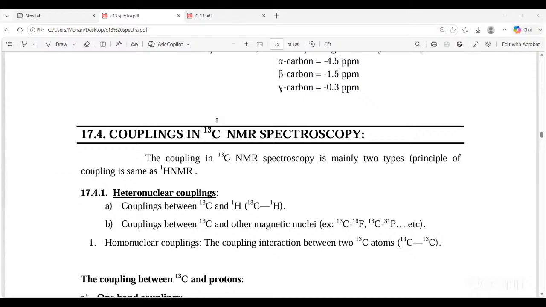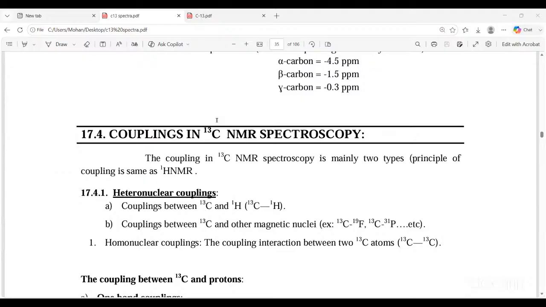And the hydrogen bond, for example. The hydrogen bonding is increasing the chemical shift values. When the atom participates in hydrogen bonding, it leads to a decrease in electron density on that particular atom.